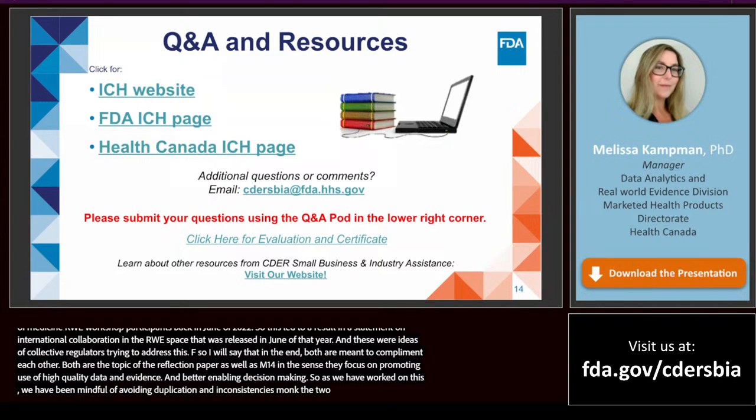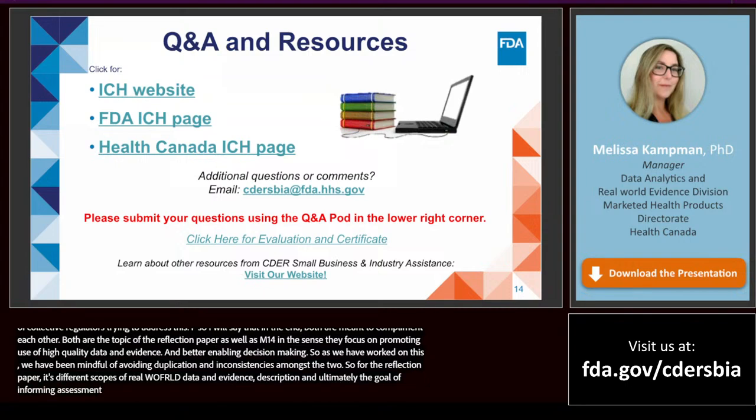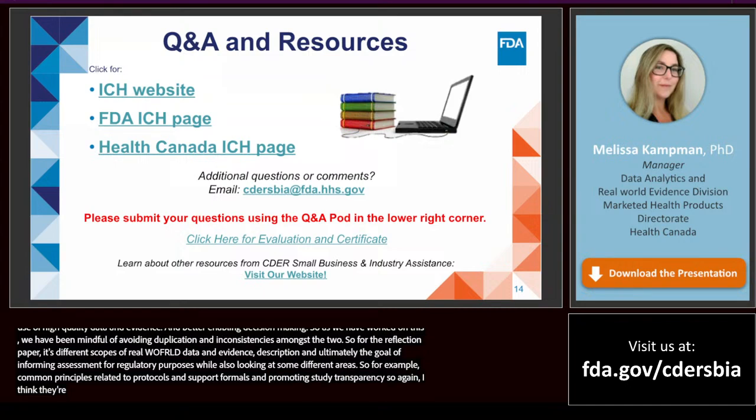The reflection paper outlines objectives, promotes a common understanding of different types and scopes of real-world data and evidence, with the ultimate goal of informing assessment for regulatory purposes, while also looking at areas such as common principles related to protocol and report formats, and promoting study transparency. So again, I think they're both complementary to each other.